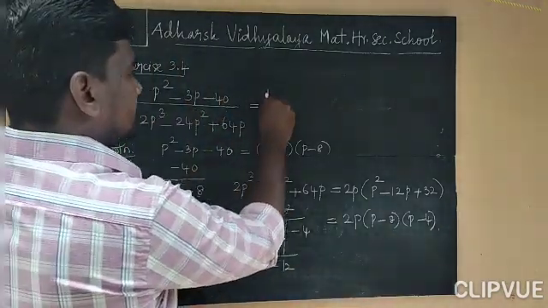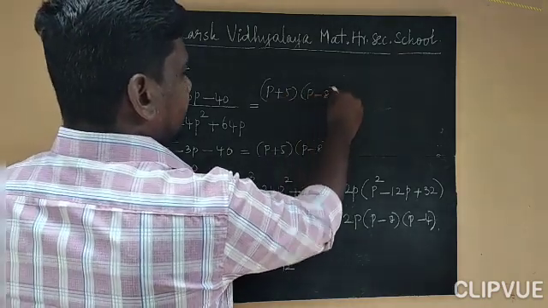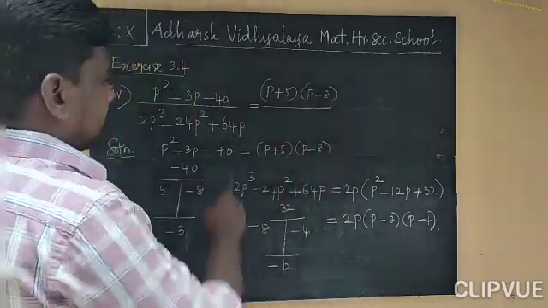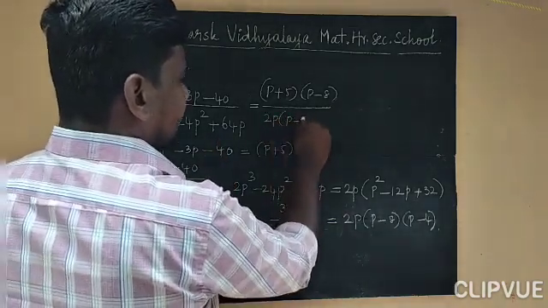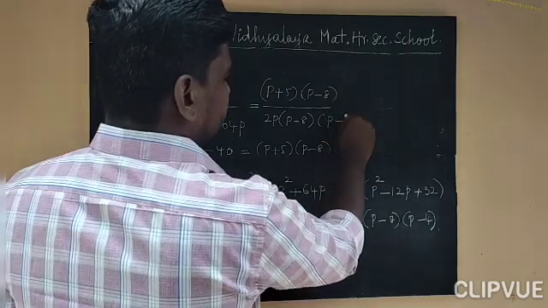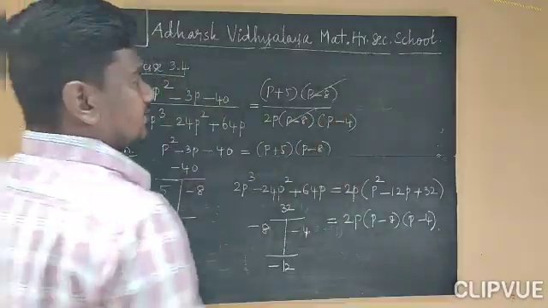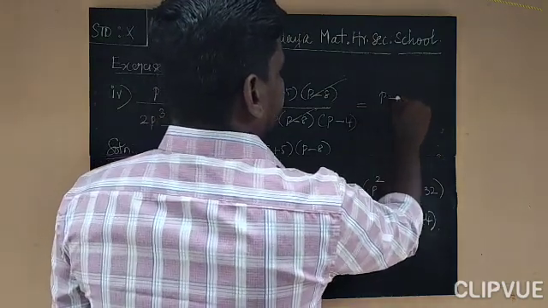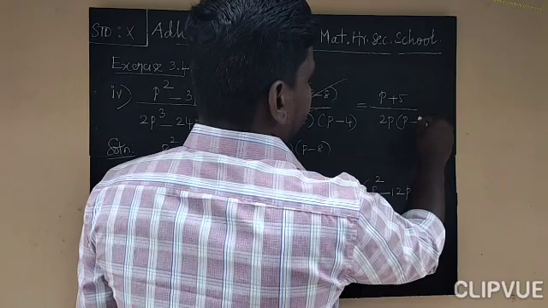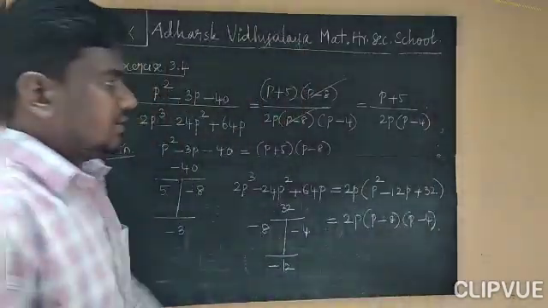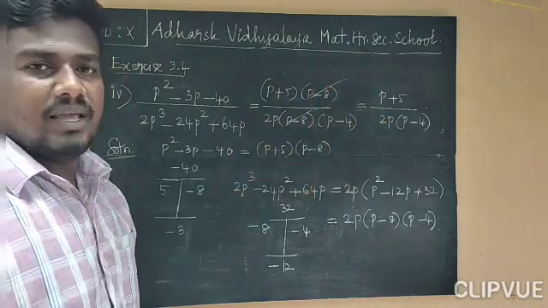First one, p plus 5 into p minus 8 divided by this one, 2p into p minus 8 and p minus 4. So this p minus 8 and this p minus 8 will be cancelled. So what do we have? p plus 5 divided by 2p into p minus 4. Hereafter we cannot simplify it. So it is the simplest form of this rational expression.